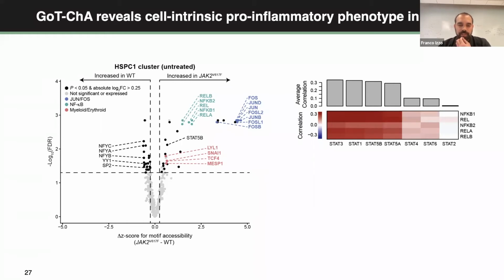Since this method allows for intra-patient comparisons of wild-type and mutant cells, these findings are actually revealing a cell-intrinsic pro-inflammatory epigenetic landscape that is already present at the earliest point of hematopoiesis.